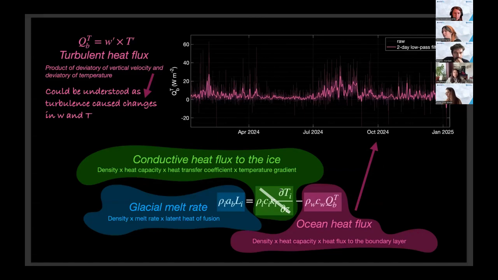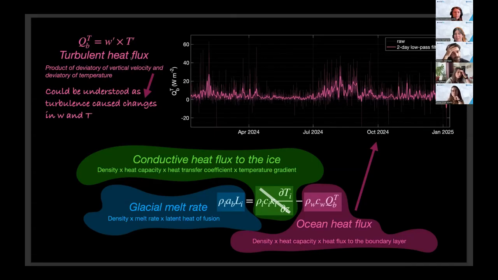And since now we have the ground truth measured melt rate, we came back to our turbulence data again. From our turbulent data, we can get this W prime, which is the deviatory time series of the vertical velocity, and then there's the T prime, which is the deviatory time series of the temperature.